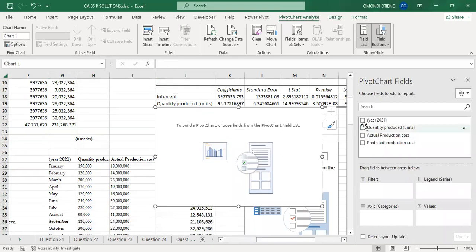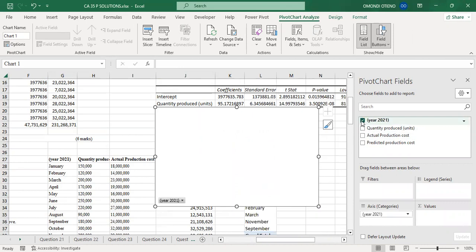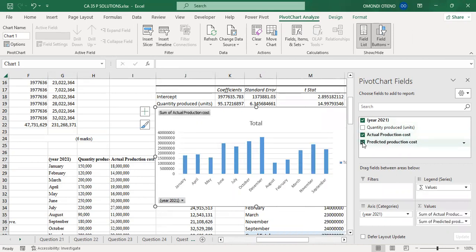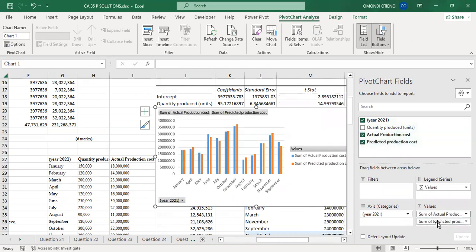If I do that, it will get me the chart and the table at the same place. So I want to take year, which the title was year, but it was given in months. And then I'll be taking the actual and predicted to appear under value section. But remember, I want it to appear in months.